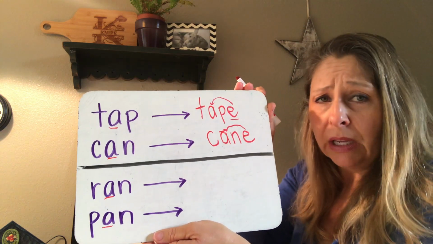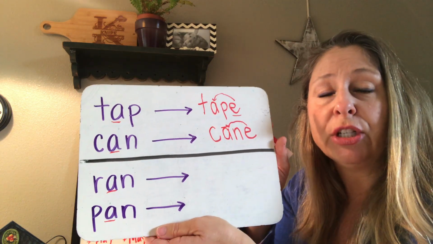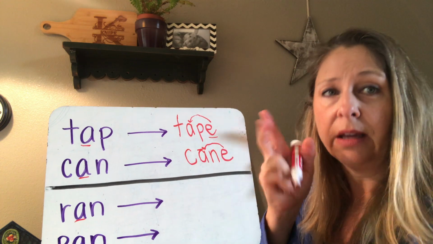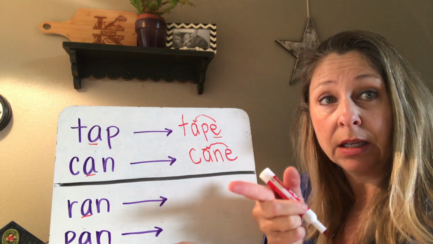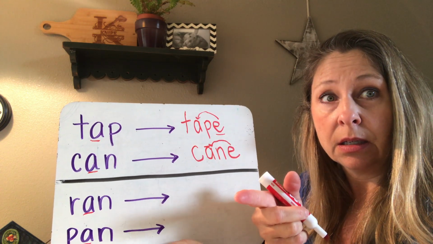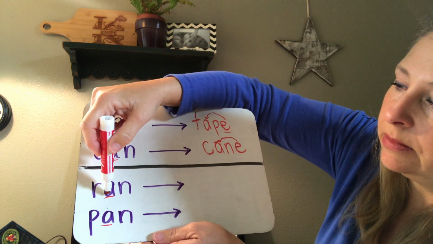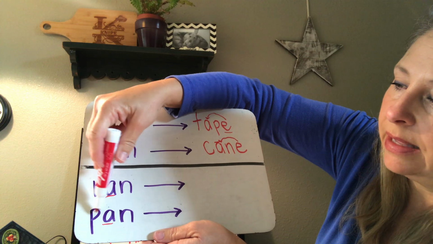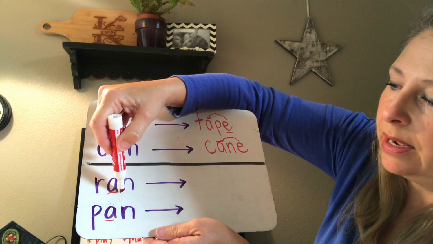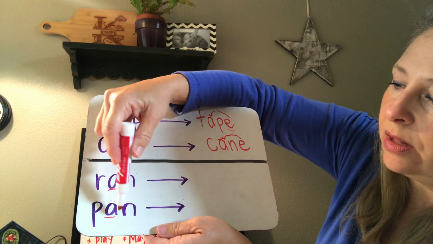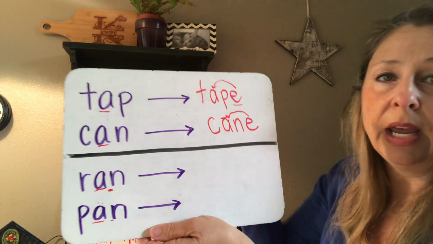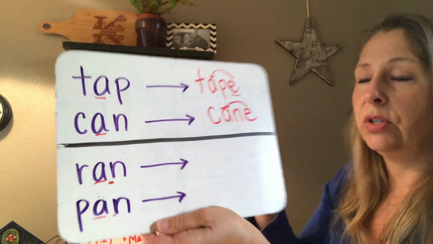Now, in room 32, we've also talked about when two vowels go walking, the first does the talking, right? So I am going to add these. This is ran and it has the A, and this is pan and it has the A. But I'm going to add another vowel after the A to change those two words.